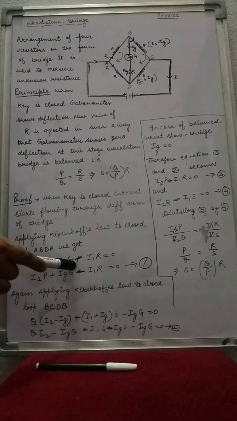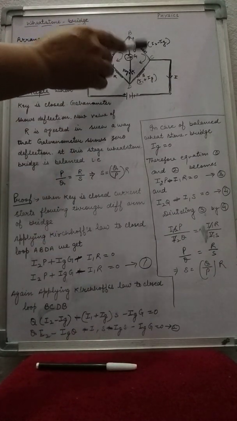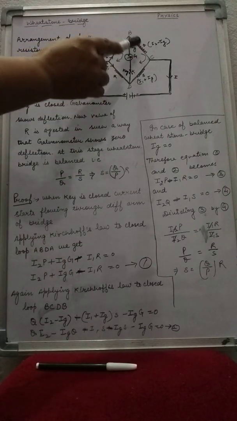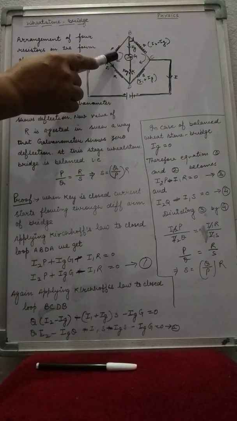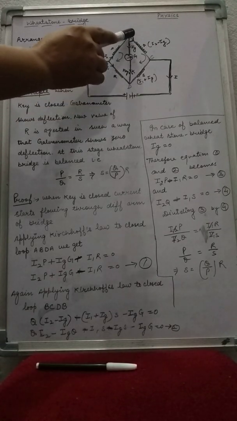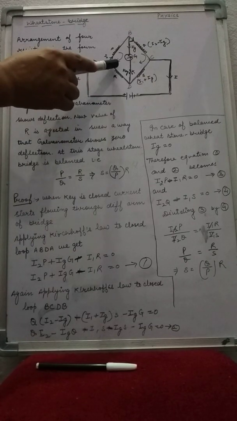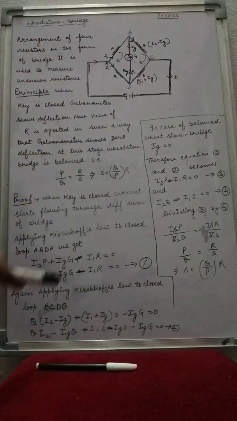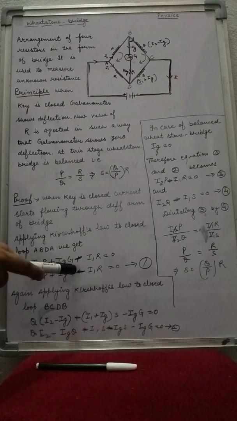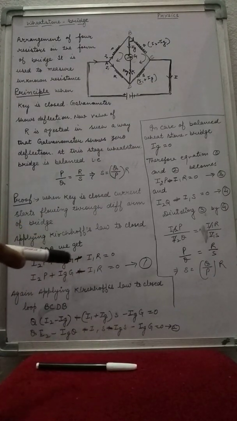These two currents have the same direction, while here the direction of the current is opposite. So I1 R is taken as negative. I2P plus IG G minus I1 R is equal to 0.